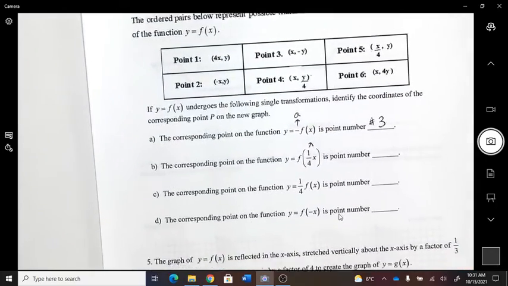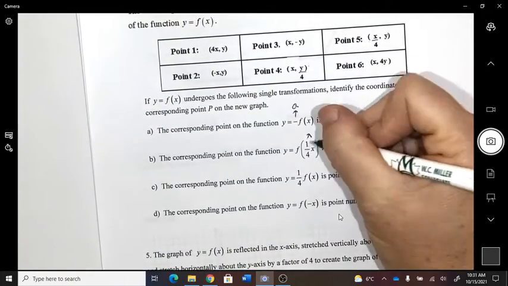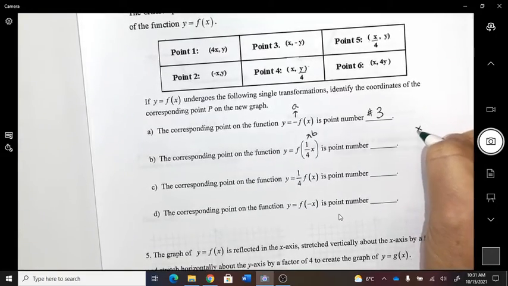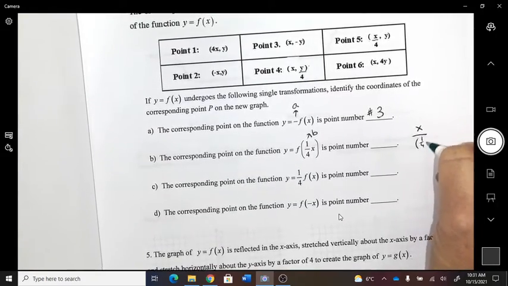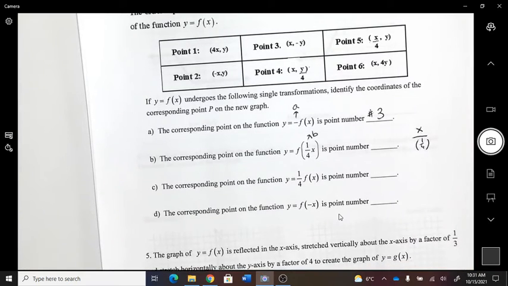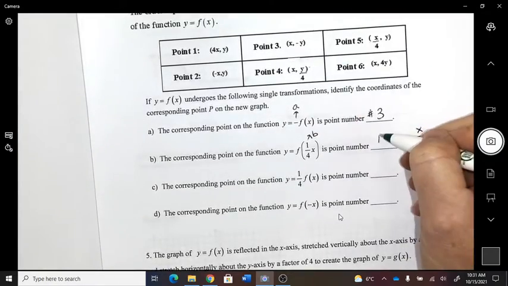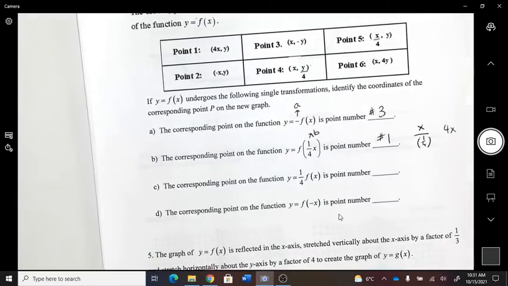Next one. This is a B. So that's on an X. So what happens to your X number? It gets divided by a quarter. B is a divider. So what's another way that this is end up looking like? 4x is the same. So that should be point number 1.